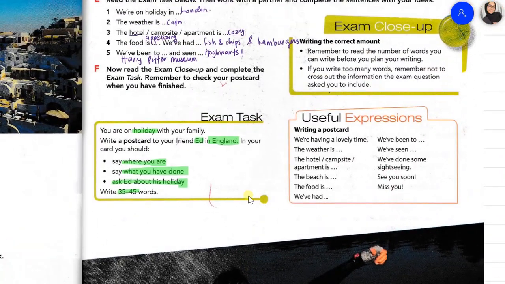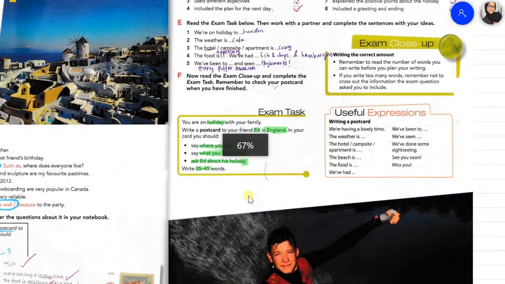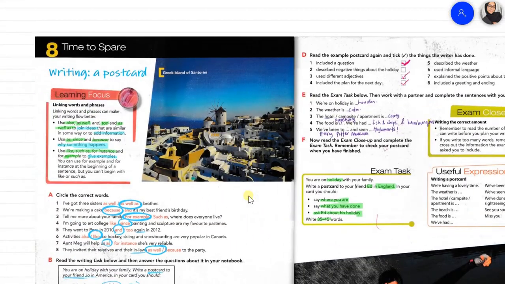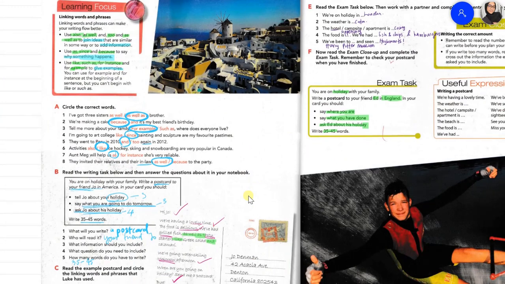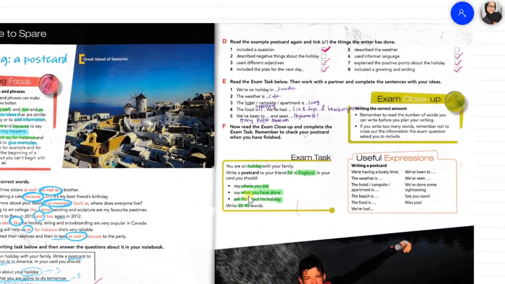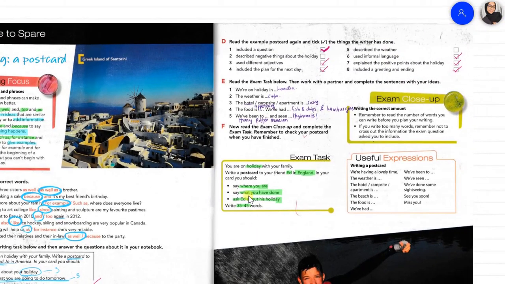So as usual, you have until 3 p.m. today to complete this task. Do this task in your E1 workbook. Basically you need to include the answer for task A, and then task E and the exam task.